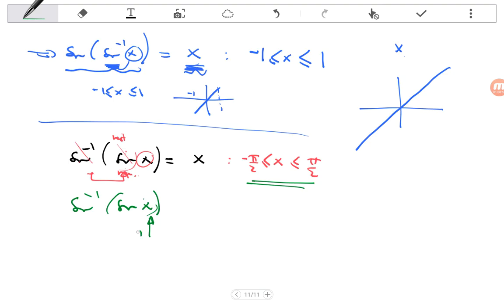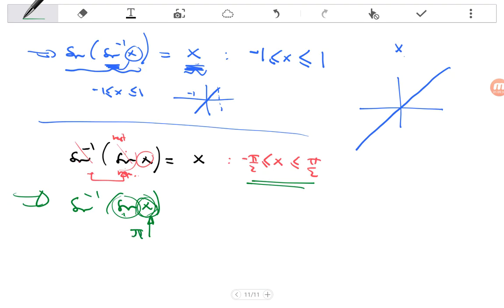Could I put here x equals pi, for example? This expression doesn't state that this sine is the restricted sine. It is a natural sine, so it permits any x as an input. A natural sine has a domain of R, so I may receive any x as an input.